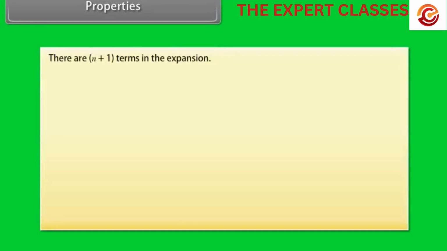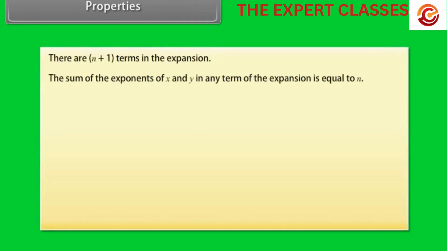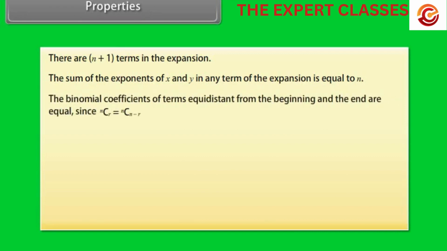Properties. There are n plus 1 terms in the expansion. The sum of the exponents of x and y in any term of the expansion is equal to n. The binomial coefficients of terms equidistant from the beginning and the end are equal, since nCr is equal to nC(n−r).